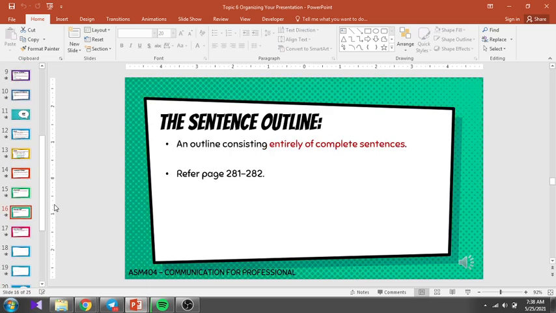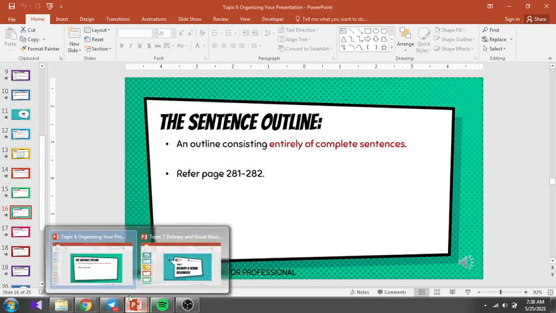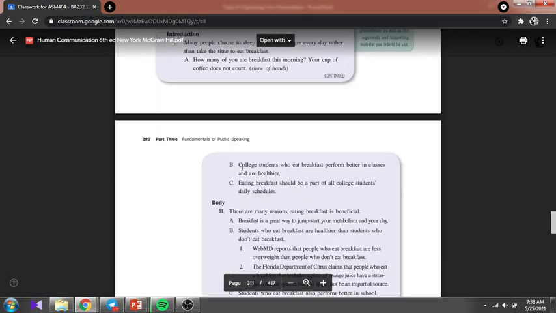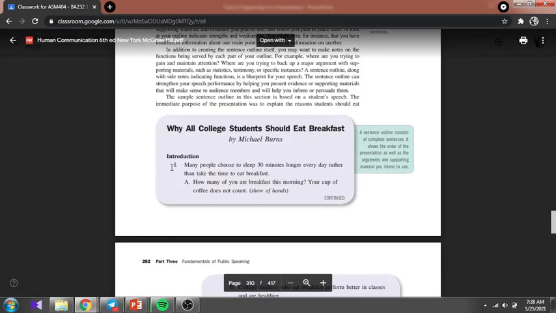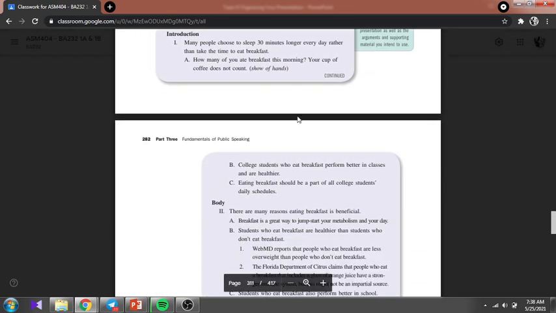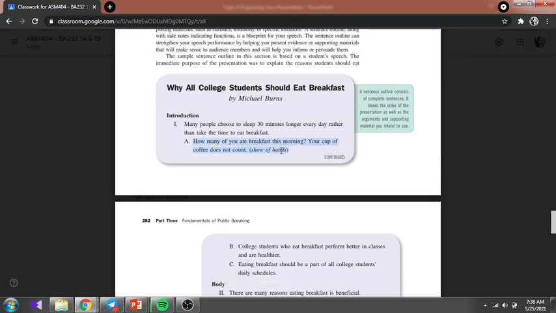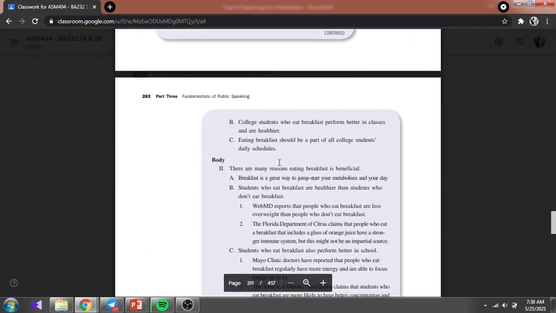Okay, go to the next slide. The sentence outline. An outline consisting entirely of complete sentences. This you are going to write up later on for the real one. Okay, this is the sentence outline. Actually not everything, it's the important things that you are going to highlight in the body of the speech.